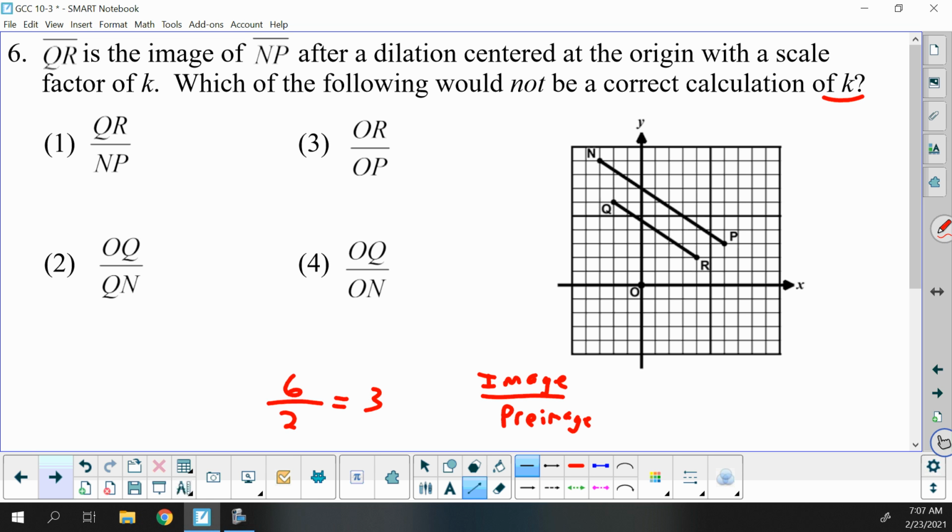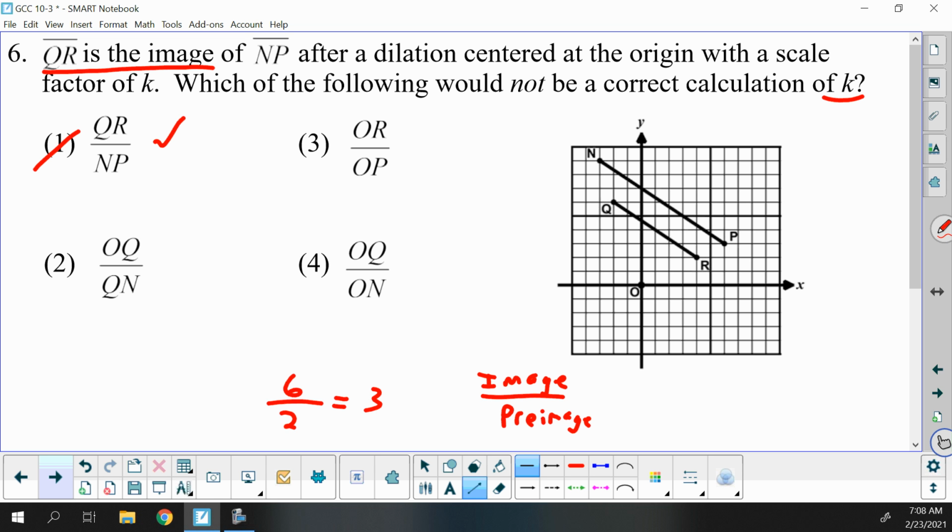So the first one says Q to R, which is the image. So that's good, that's in the numerator. And that matches with N to P. So it looks like this one is good, because it's image over pre-image of a length in the image over length of the pre-image.